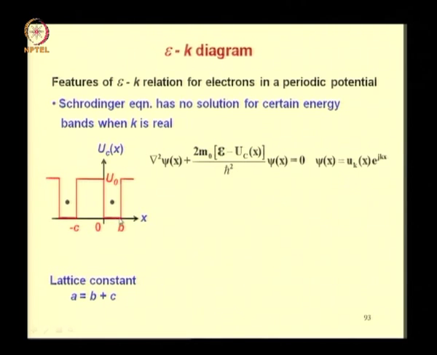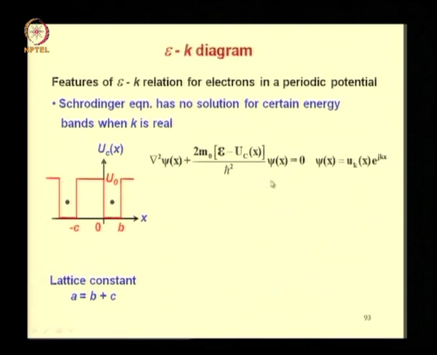The potential well here is having a length b. The origin is set up here at the left end. The height of this potential barrier is U naught and the thickness of the barrier on the left hand side here is c. The distance between the two atoms, which is a, is nothing but b plus c. So, this is the lattice constant.